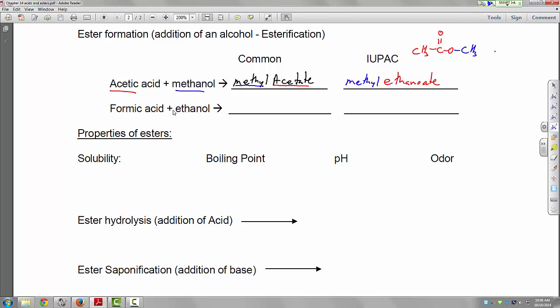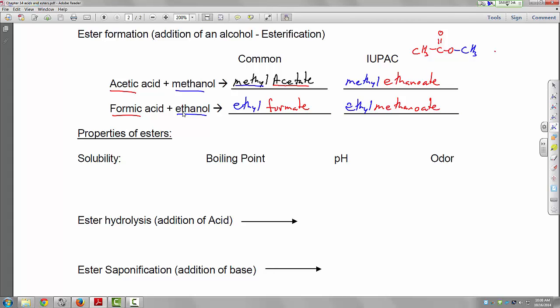So ethanol will give us an ethyl group, and formic acid gives us formate. The IUPAC name for formic acid is methanoic acid, so this would be ethyl methanoate.